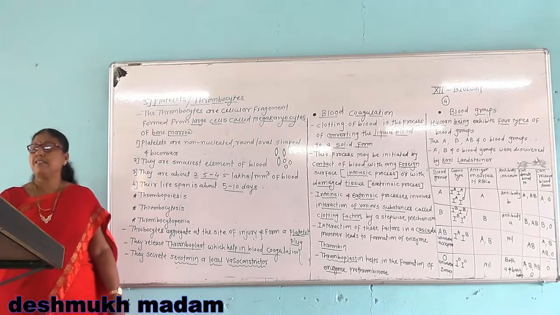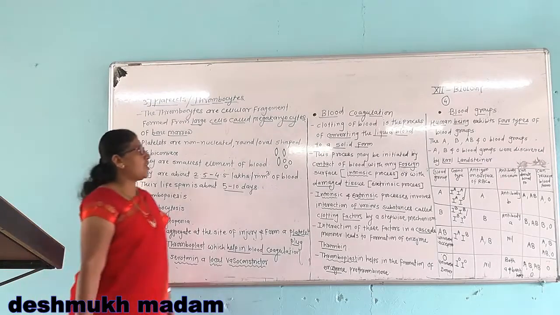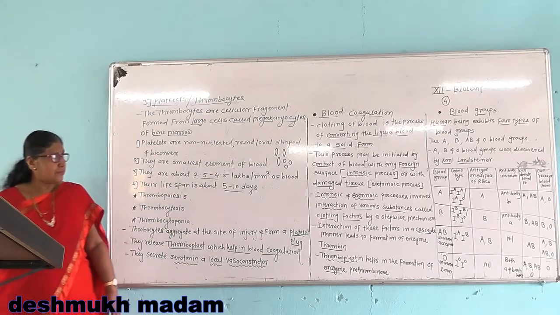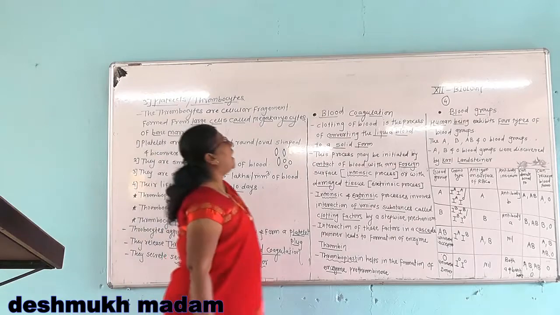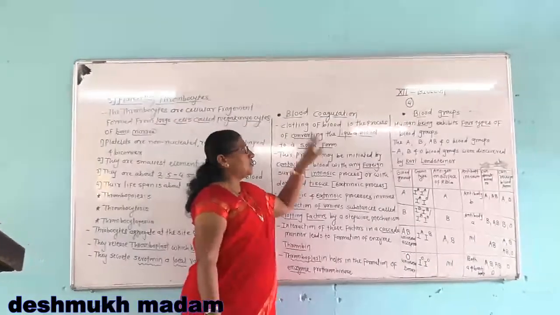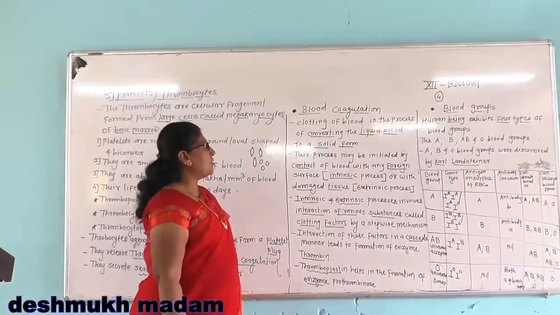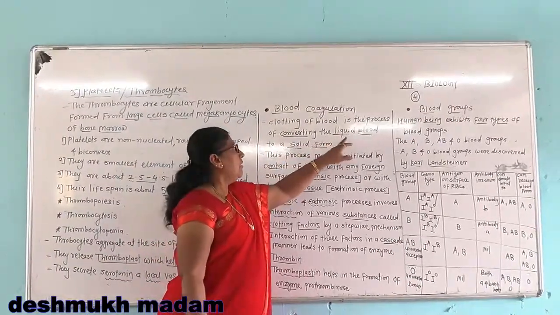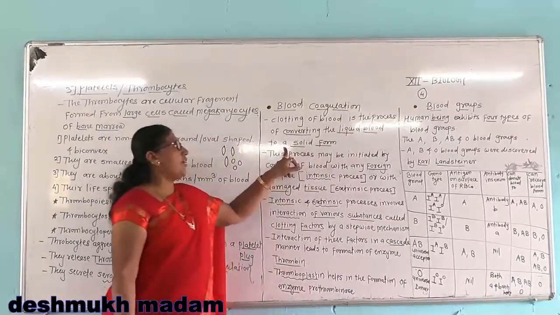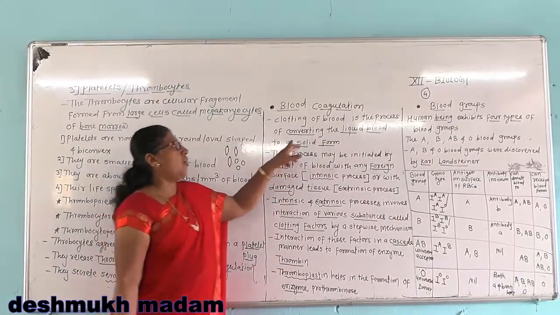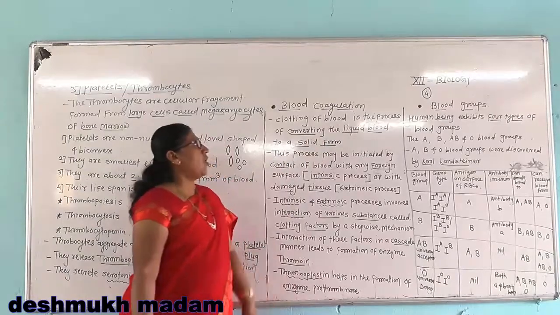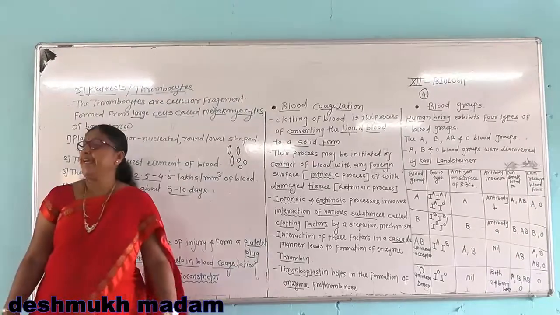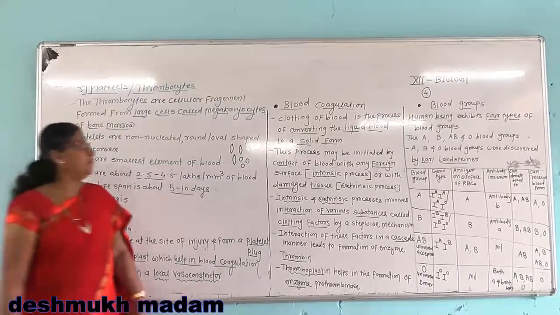The next point is blood coagulation. Blood coagulation or clotting of blood is the process of converting liquid blood into a solid form.